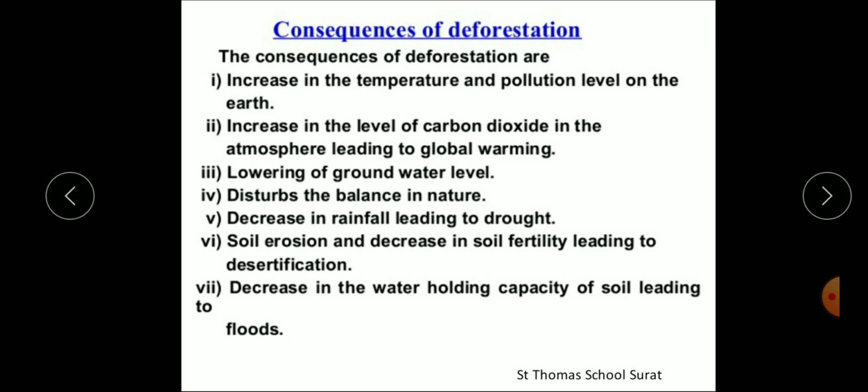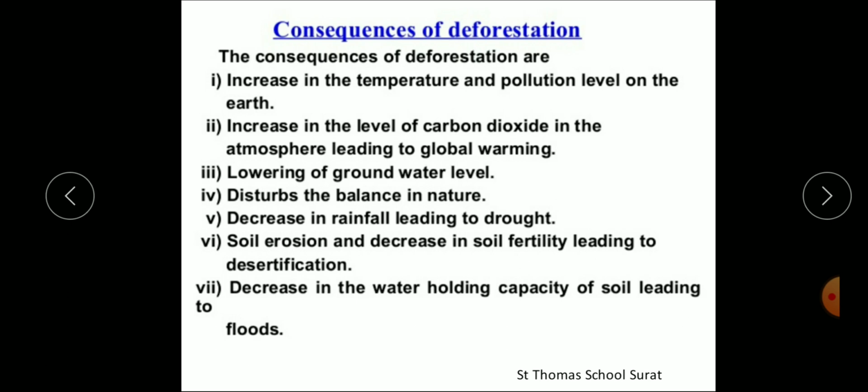So trees help us to absorb rainwater from the ground. Excess water would cause floods due to soil erosion. An increase in temperature due to falling of trees will disturb the water cycle, and that leads to less rainfall and causes what? Drought. Yes or no?